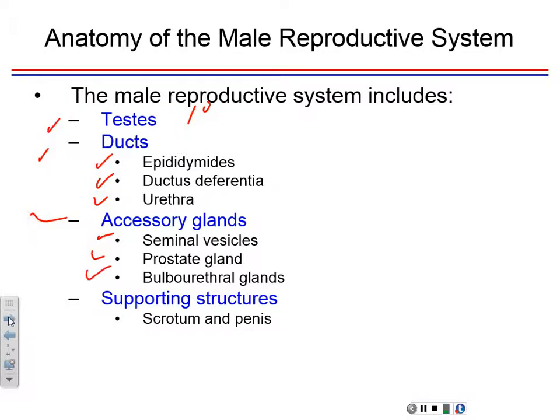And then the bulbourethral glands, which are peanut-sized glands on either side, just below the prostate, that feed into the membranous urethra and produce an alkaline fluid. When the male is first sexually stimulated, these are the secretions that come out first, and you see them, the colorless kind of secretion.